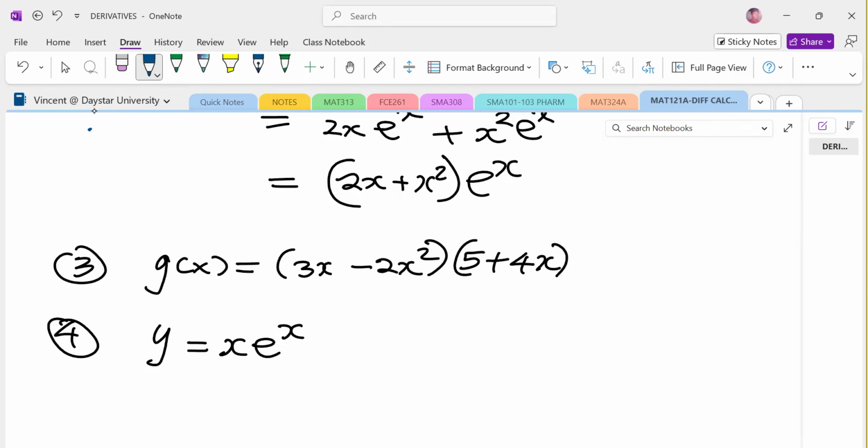I have a slightly different answer from yours. Can you check your simplification?